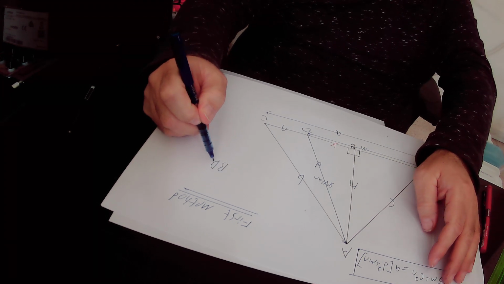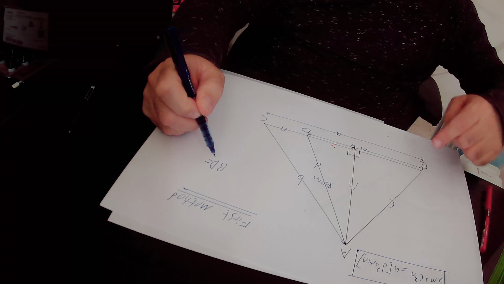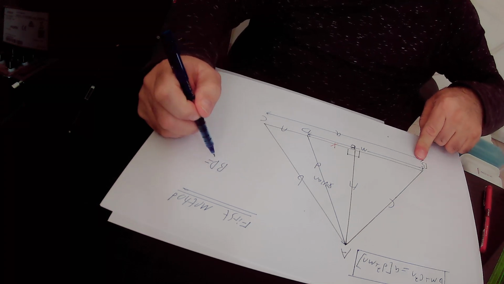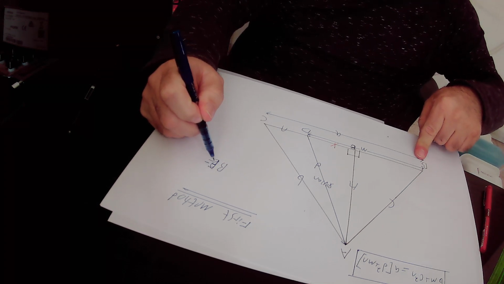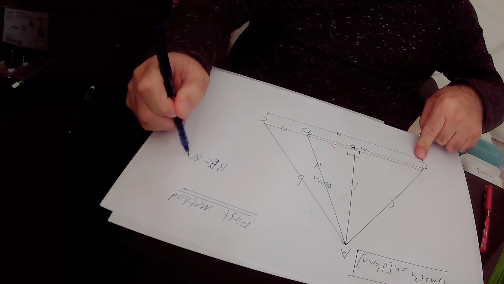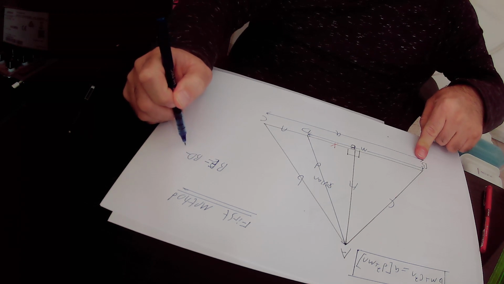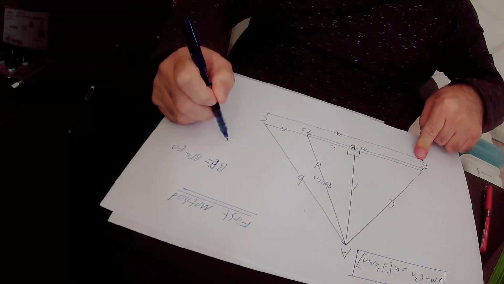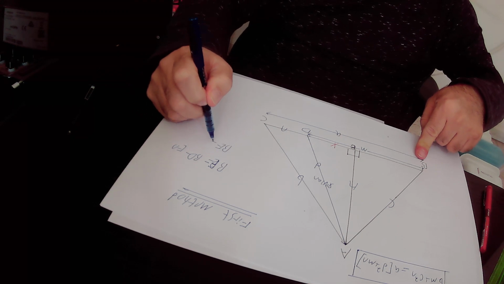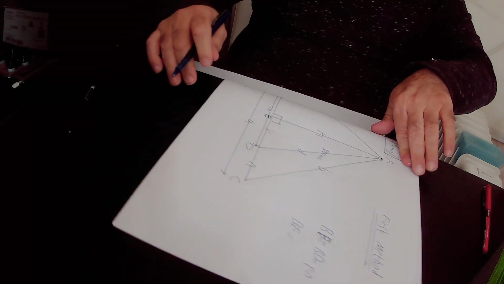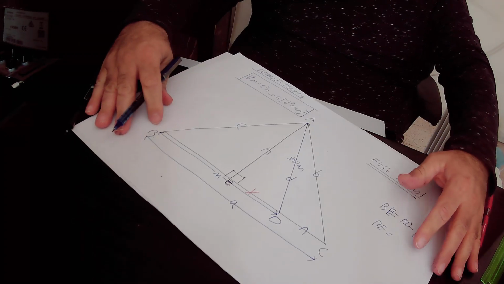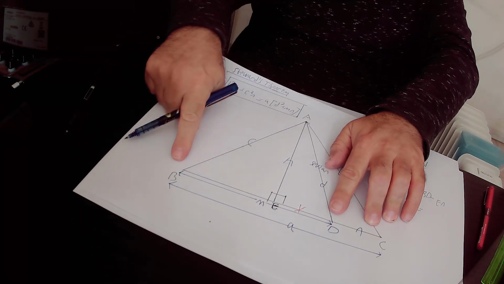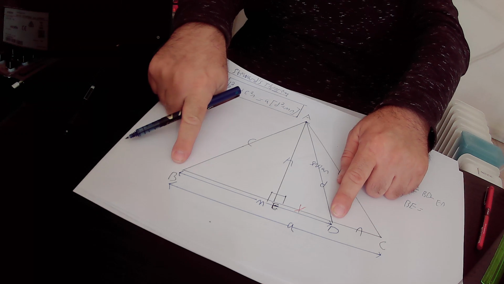So I write it down. BE equals BD minus ED. BD equals M units in its length, you can see in the drawing.